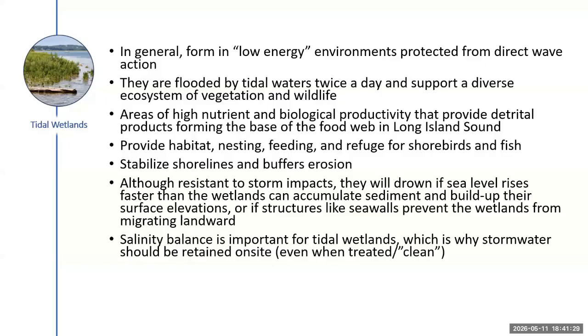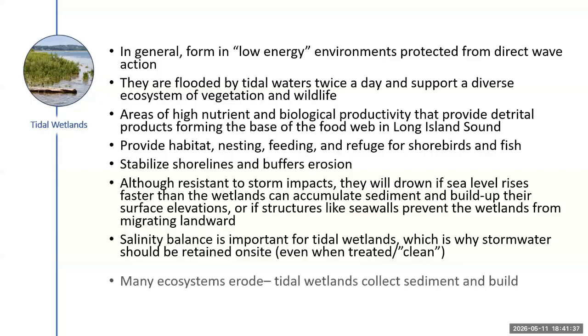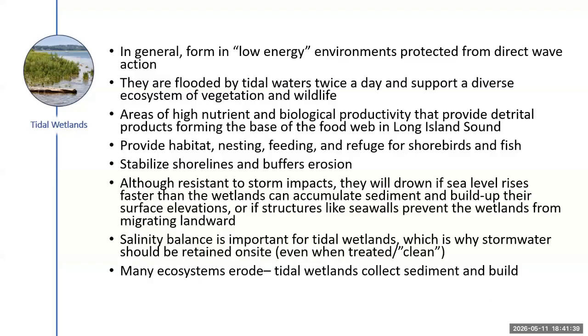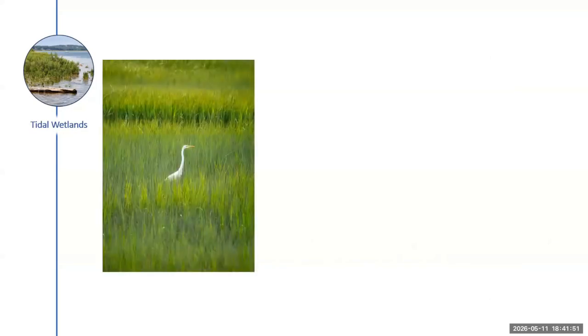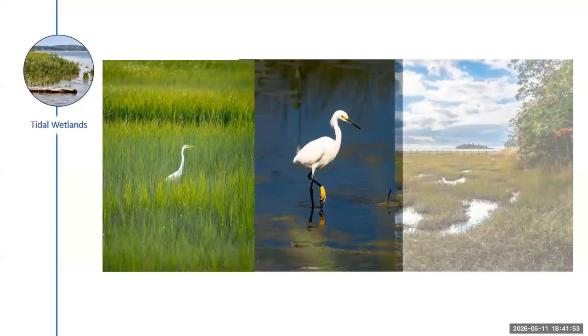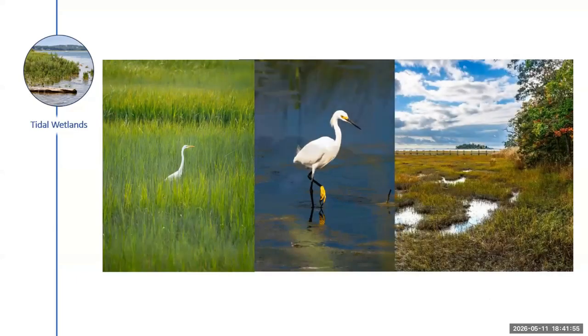Salinity is real important, which is one of the reasons why we're so big on stormwater management, because they need that salt water. So tidal wetlands collect sediments and build, and so they help to protect the coast. So, that's the egrets.